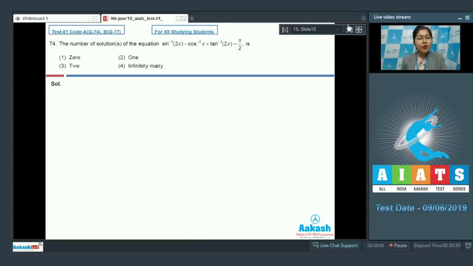Next is question number 74, which says that the number of solutions of the equation sin inverse 2x minus cos inverse x plus tan inverse 2x equal to pi by 2 is. A very nice question from inverse trigonometric functions. Let's solve it. We know the graph of sin inverse 2x. It is something like this.